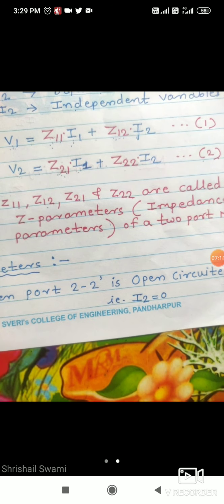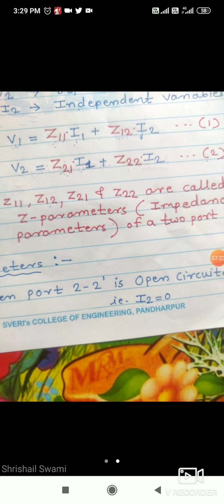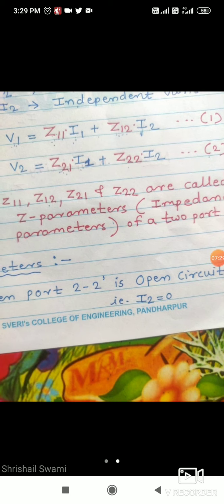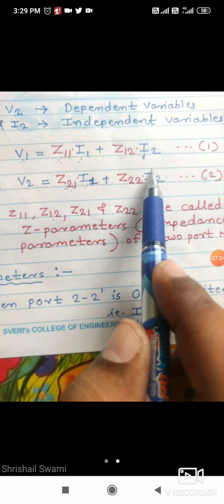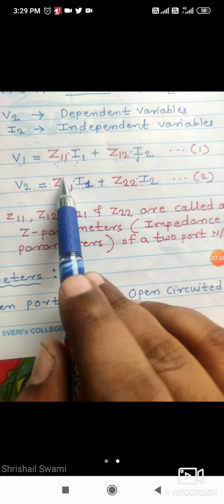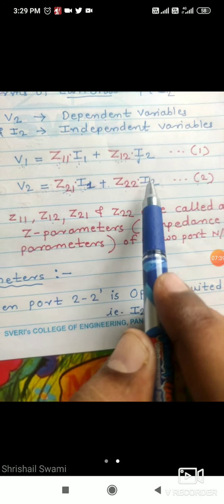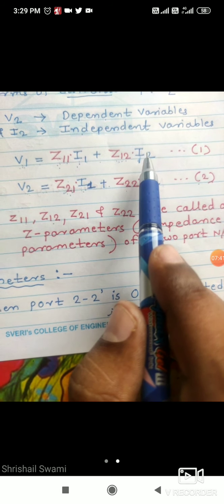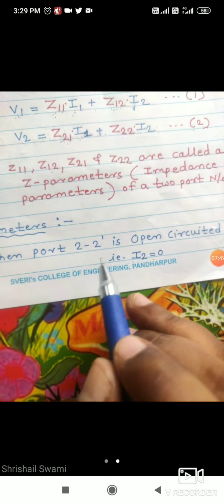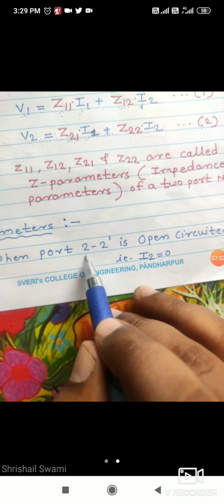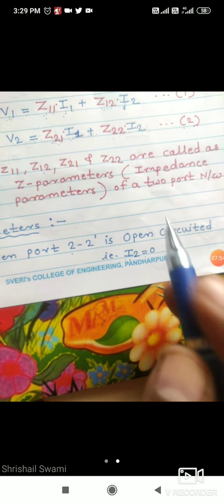Whenever the voltage is 0, the meaning is that the path is shorted, the circuit is shorted. Whenever the current is 0, the meaning is that the path is open, the circuit is open. So here we are making I2 equal to 0. Only after putting I2 equal to 0 will you get these two parameters. As we are making I2 equal to 0, I2 is related to port 2, so the port 2-2 dash is open circuited.